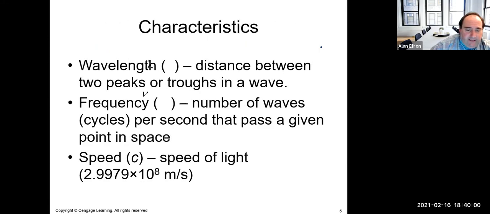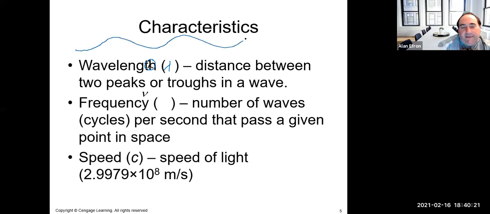Again, our wavelength, which is lambda. I'm not sure why the lambda symbol went way off course there, but the lambda symbol, right there I think, is the wavelength. And again, that's the distance as we go from peak to peak or trough to trough.